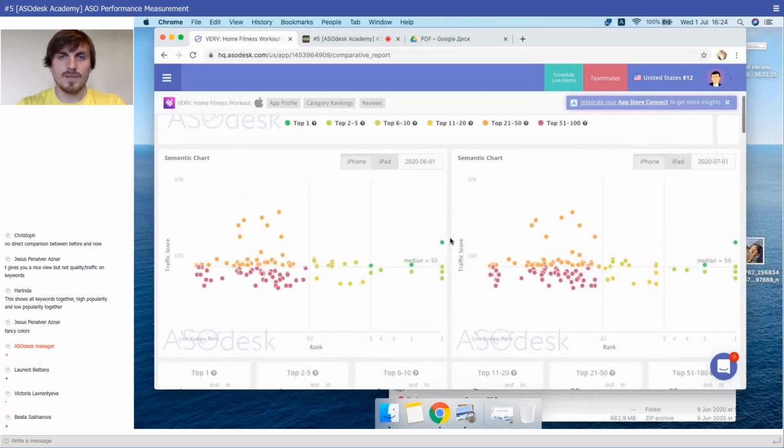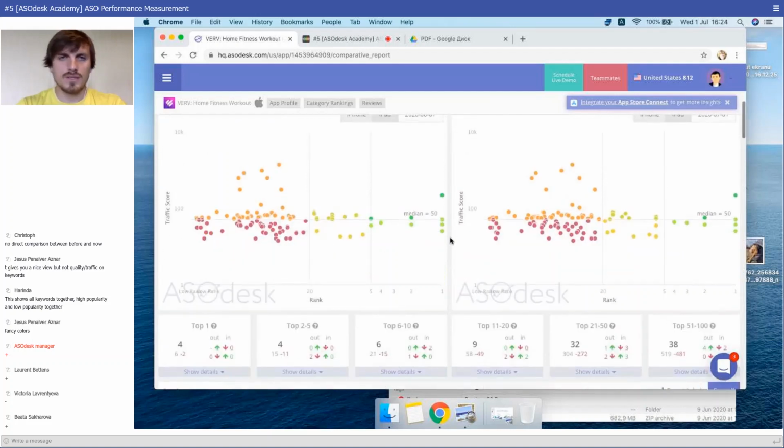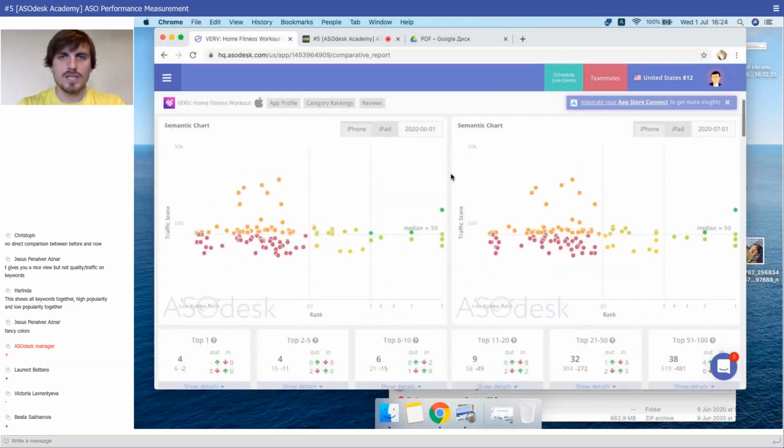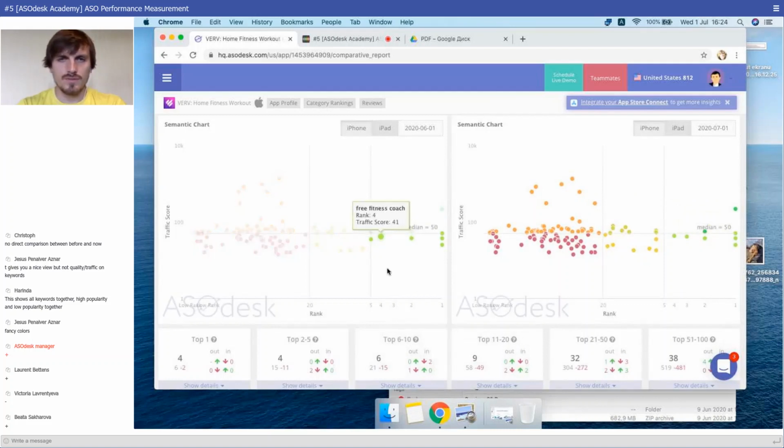Okay. So we see the semantic chart. Yeah. So for example, from the very beginning, I see that in the visibility zones 1-5, before the beginning of June, they had 2 keywords on the rank.